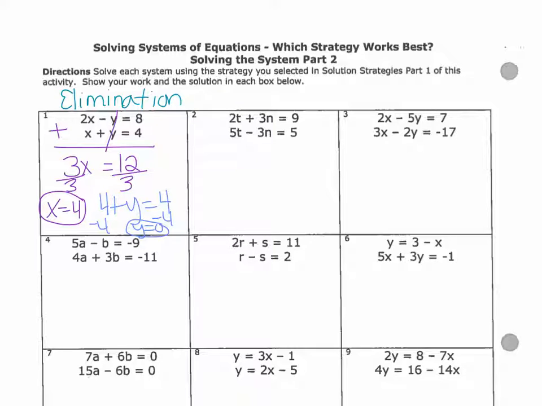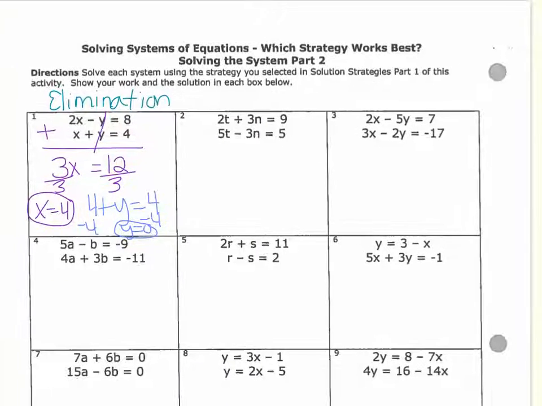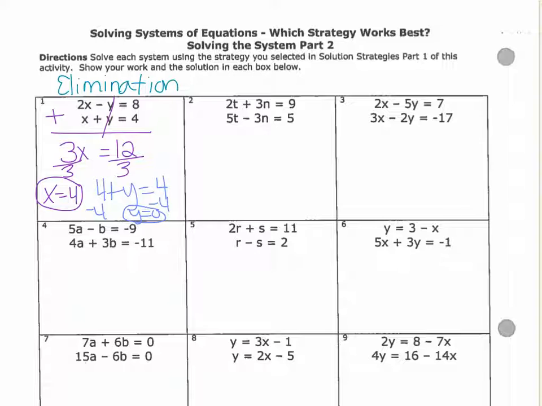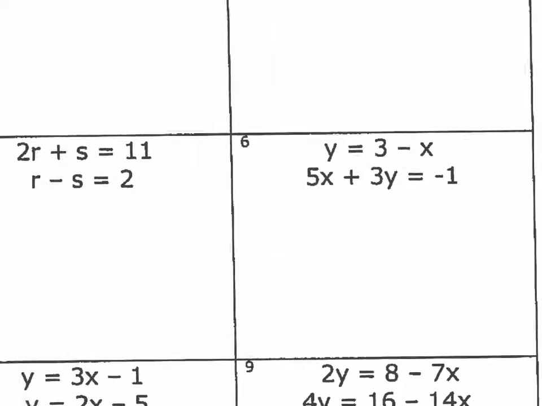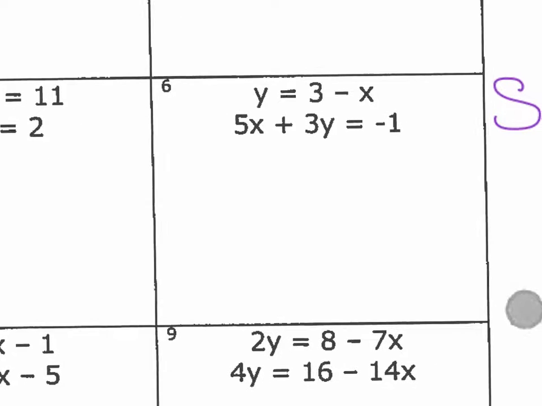Okay, so next let's look at 6, where we said substitution was going to be our best bet here. So we want to take what y is equal to and substitute that into our second equation. I'll make this a little bigger here.